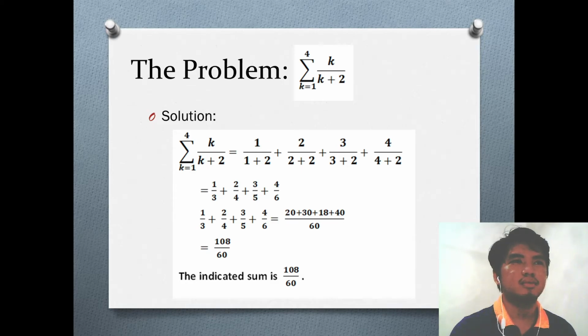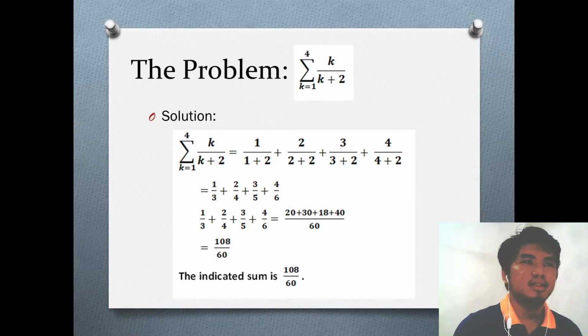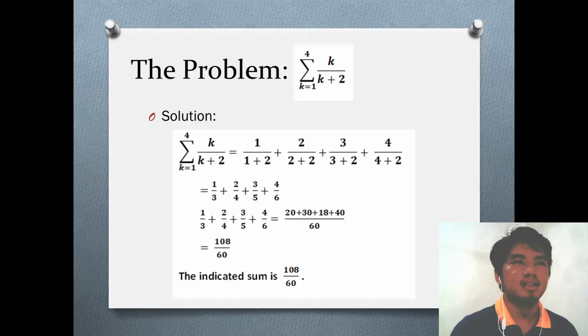So we're gonna add these fractions. In adding fractions, we're gonna find the LCD. So the LCD of these is 60. So we're gonna divide the 60 by the denominator and multiply it by the numerator. So 60 divided by 3 is 20. 20 times 1 is 20. 60 divided by 4 is 15. 15 times 2 is 30.